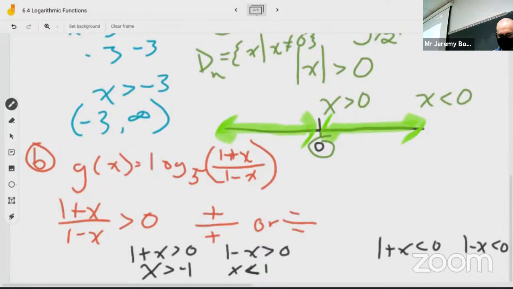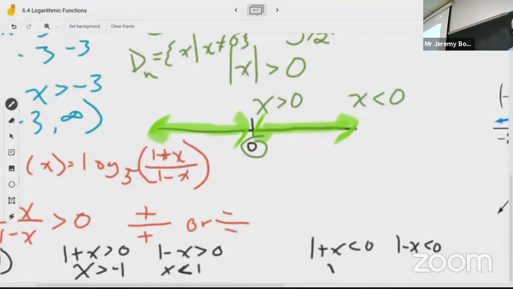So for that one, it has to be greater than -1, less than 1. So it has to be that interval for them both to be positive. Any questions on that? Let's look at the other one.